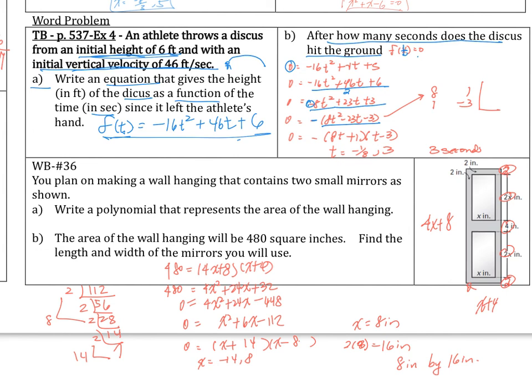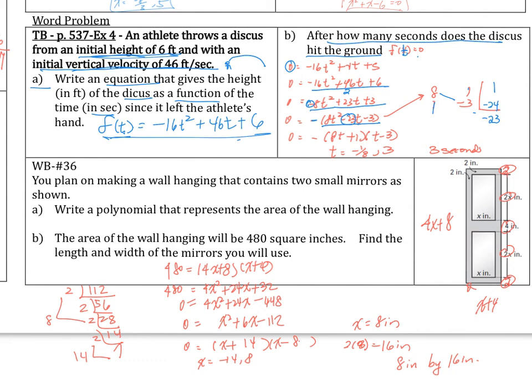Now we can factor this trinomial into a product of two binomials. By doing the magic cross, I know I can use 8 and 1, and 1 and negative 3. So 8 times negative 3 makes negative 24, 1 times 1 makes 1, and this makes negative 23, which is equal to the coefficient of t here.